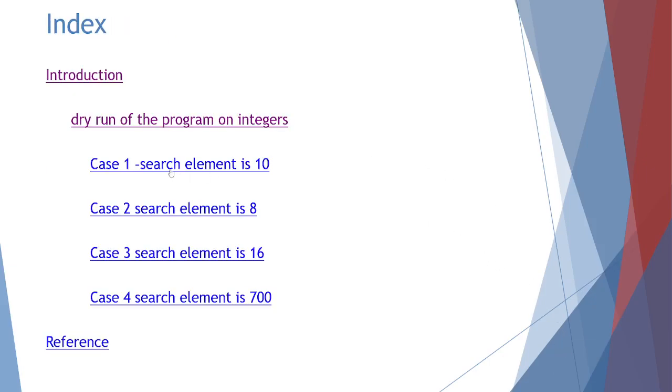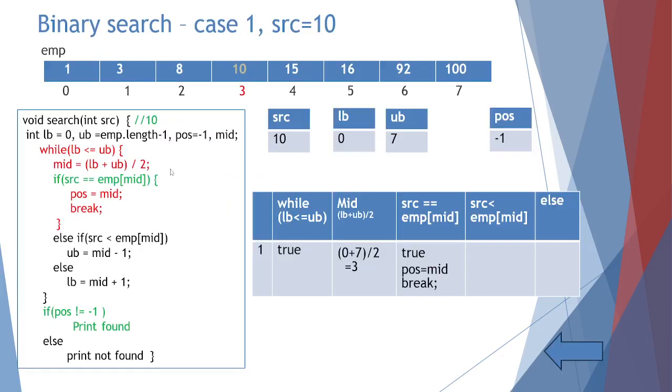Case 1: search element is 10. Here we have the program on the left side and the dry run on the right side. Please look at the LB, UB after each iteration, and pause also. Now SRC is 10. Search element is 10 and emp is the array. Initially, on the right side, please look, LB is 0, UB is 7, that is emp dot length minus 1.